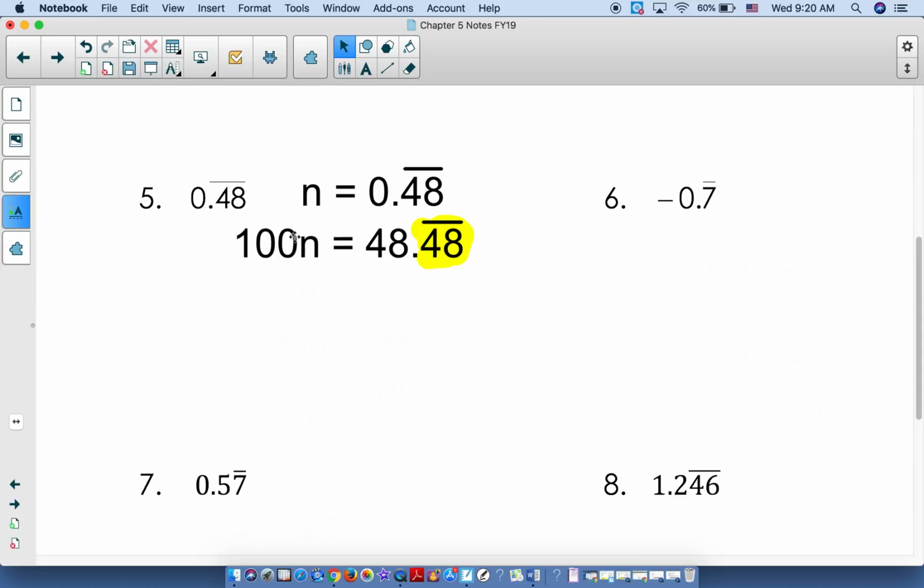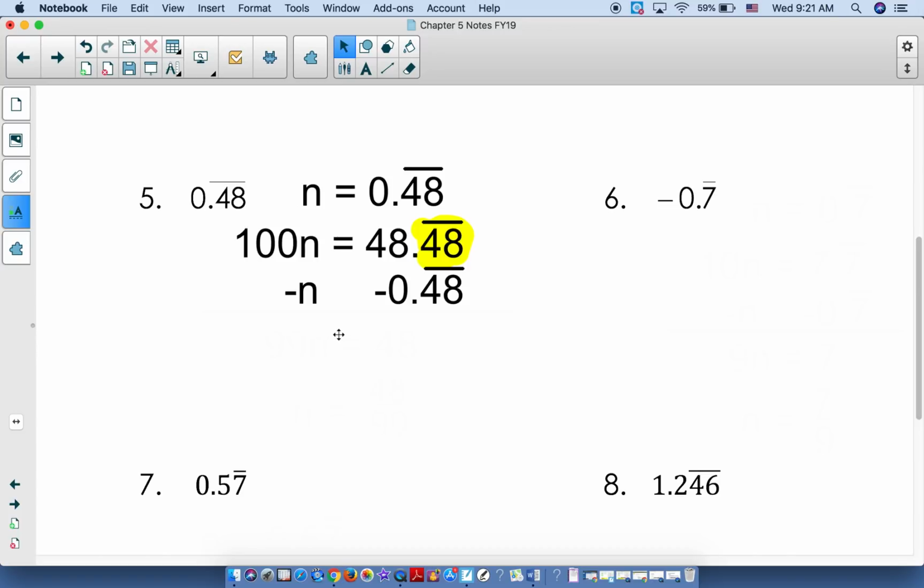So if I subtract an n from the left side and 0.48 repeating from the other side, then I've kept my equation equivalent. Because again, n and 0.48 repeating mean the same thing. So I've subtracted it.